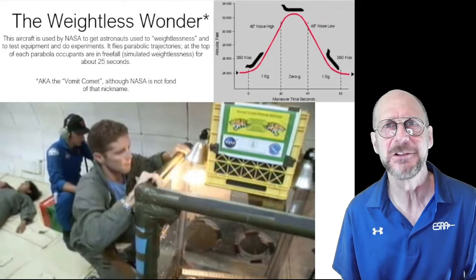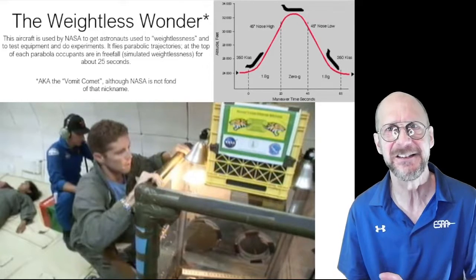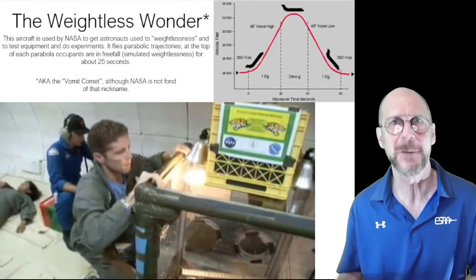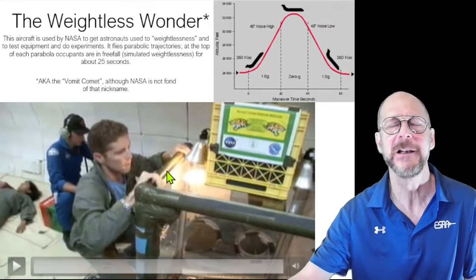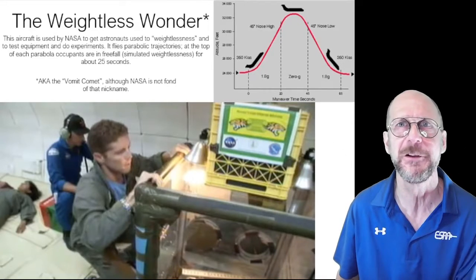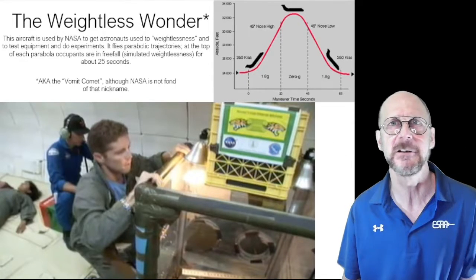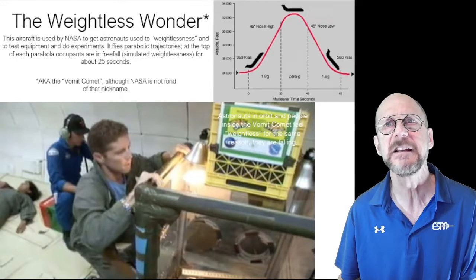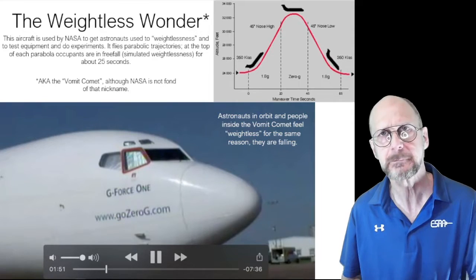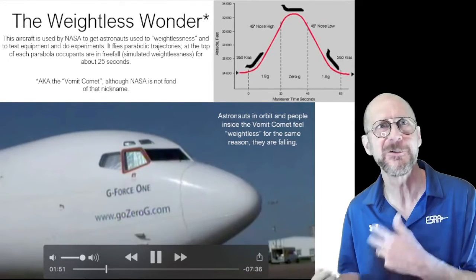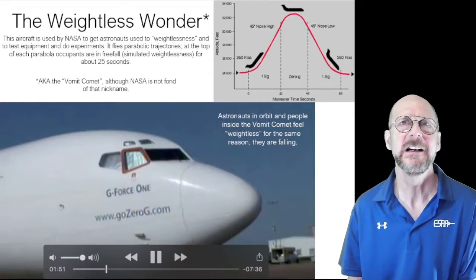I was able to not get sick and stay on my experiment, but I was not feeling well for much of it. Whereas other folks on the flight are doing somersaults and floating through the air and just having a delightful time. And so anyway, that's an example of free fall with no air resistance. And so I just wanted to share that.